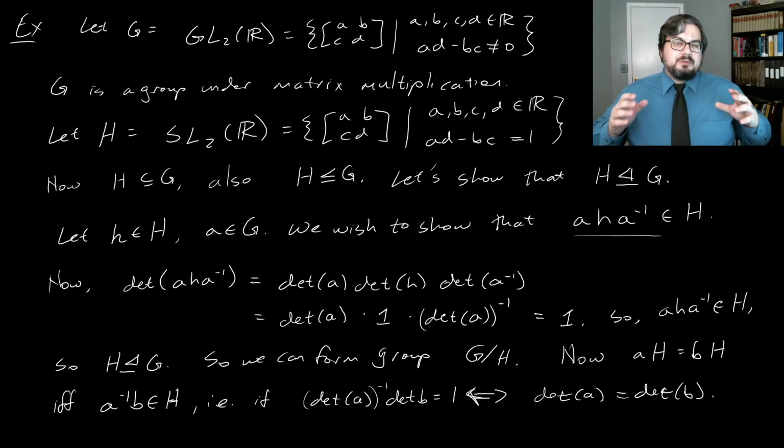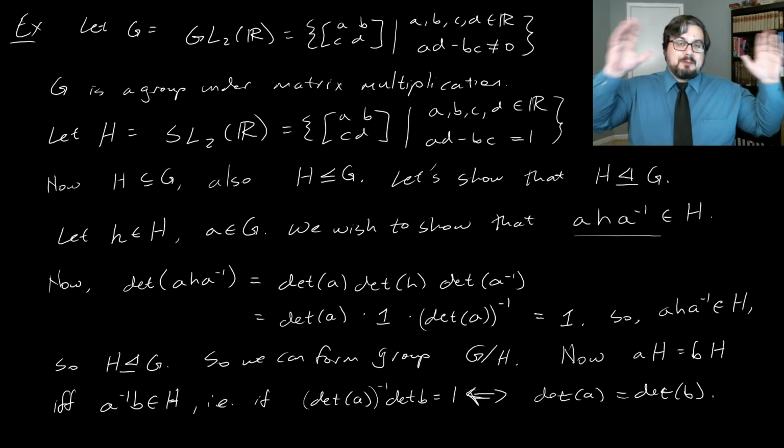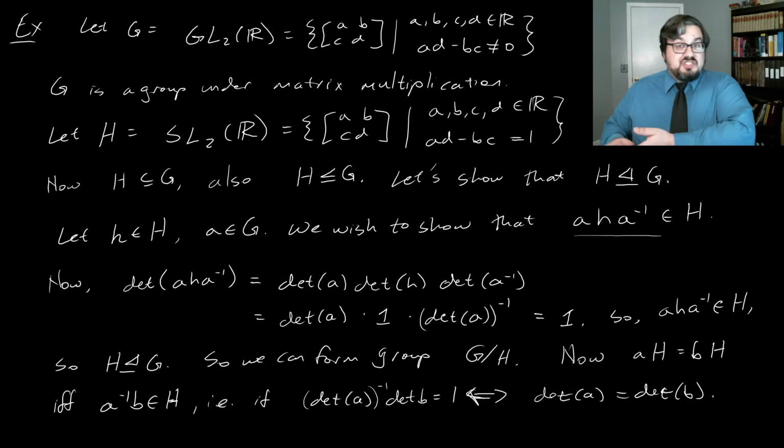What we're going to see in a later section is that we can make this very explicit. It turns out that the group G mod H, because it basically turns every matrix into just its determinant, has the same algebraic structure as just the set of non-zero real numbers under multiplication.